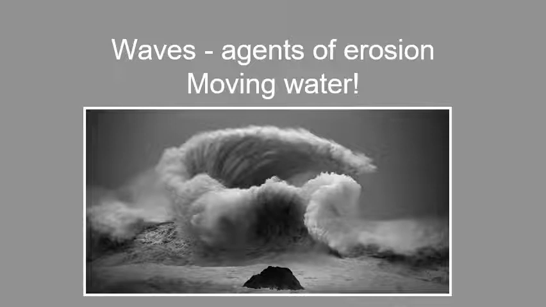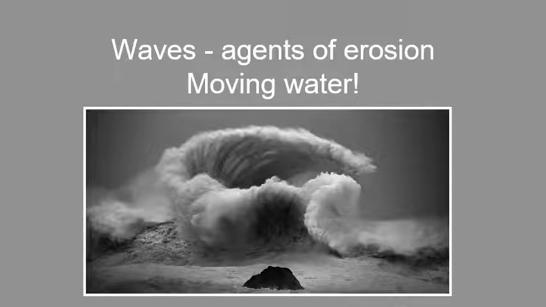So let's go back to marine erosion. The agent of marine erosion is, of course, waves. These agents of erosion cause water to move. When we look at that photograph, besides hopefully your reaction, as mine was, wow, that is awesome, also look hard at that photograph and keep in mind that that is not just water moving, but within that body of water, there are particles.